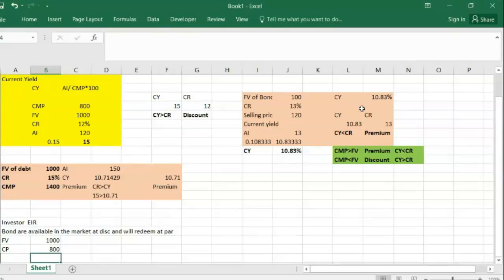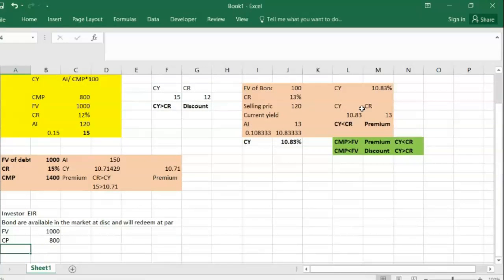So I can calculate what exactly the interest rate, what exactly the coupon rate is. It is an implied rate because it is being available in the market for 800 rupees, but the real worth of the instrument is 1000 rupees.